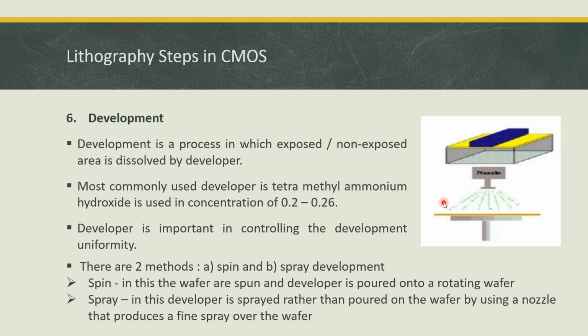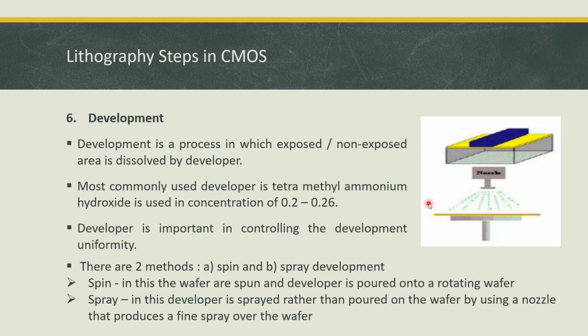The most commonly used developer solution is tetramethylammonium hydroxide, at a concentration of 0.2 to 0.26. The developer is very important in controlling the development and the uniformity across the silicon wafer.